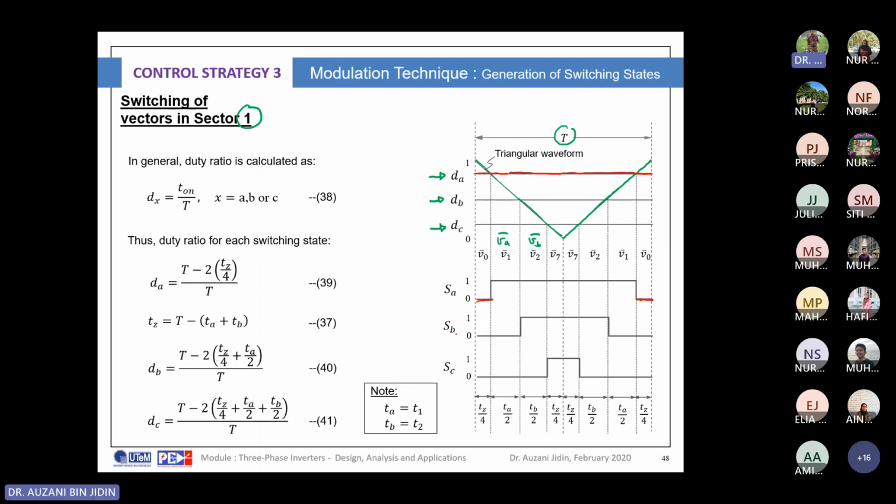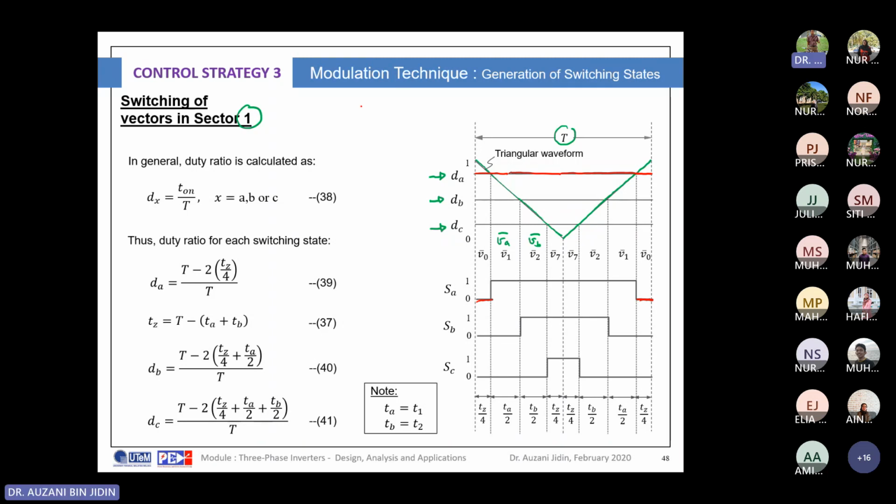Same goes for the other switching states, SB and SC. You need to compare the triangular waveform and their respective duty ratios. Clear?